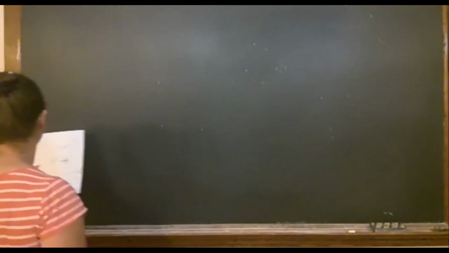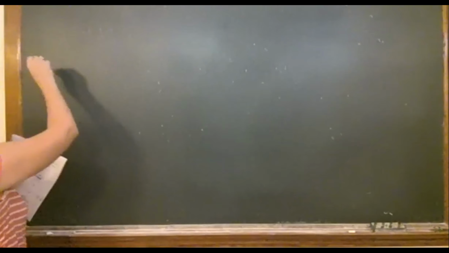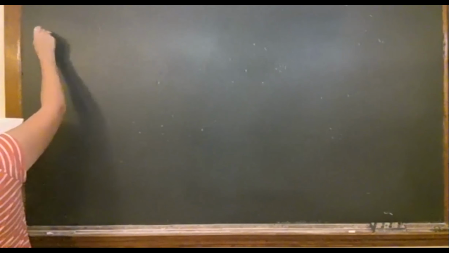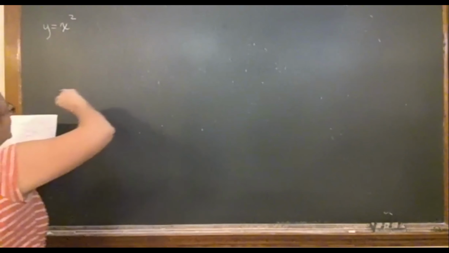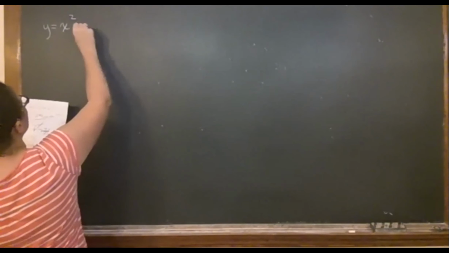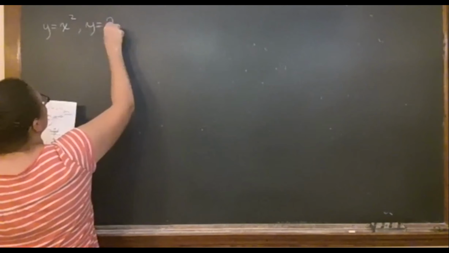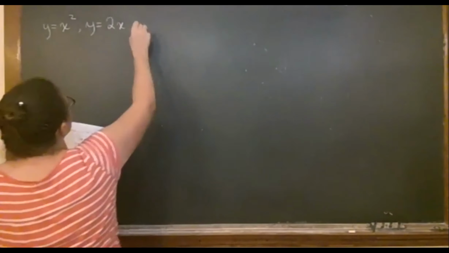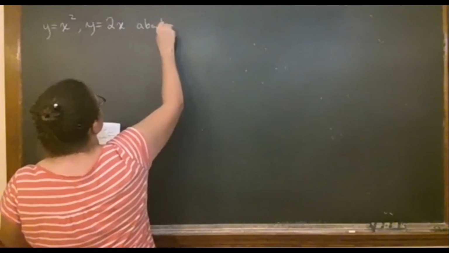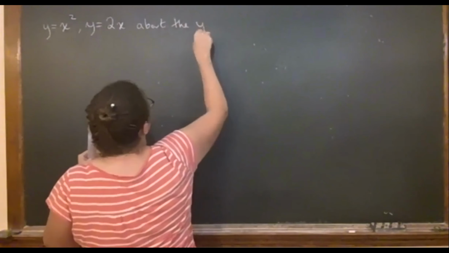So what we want to do is find the volume of the solid generated if we rotate the area between y equals x squared and y equals 2x in the first quadrant about the y-axis.